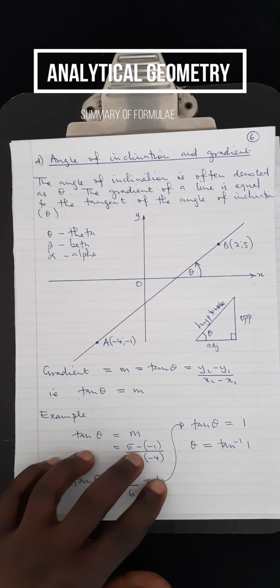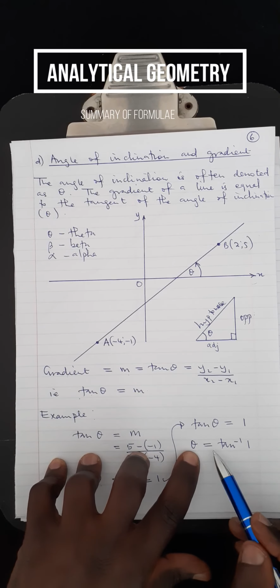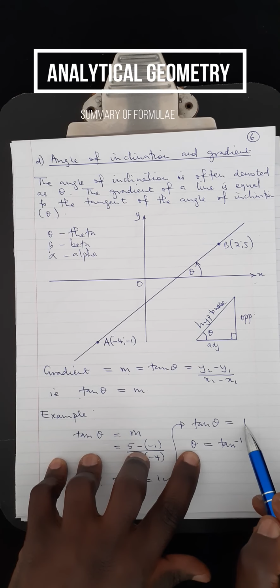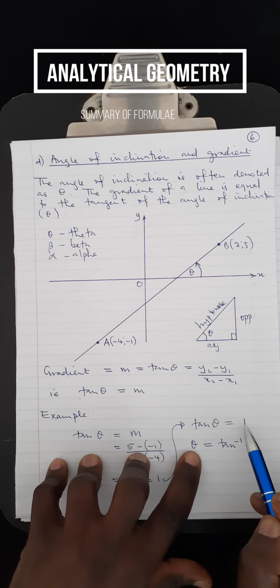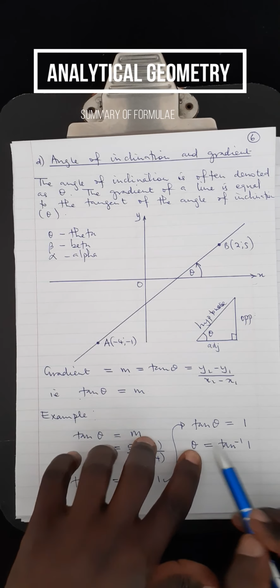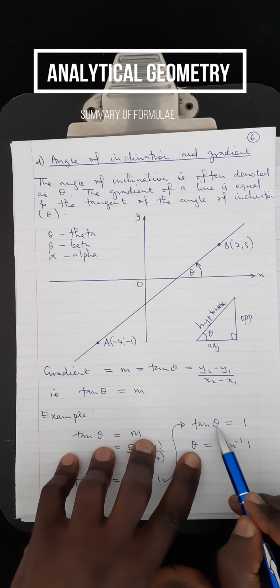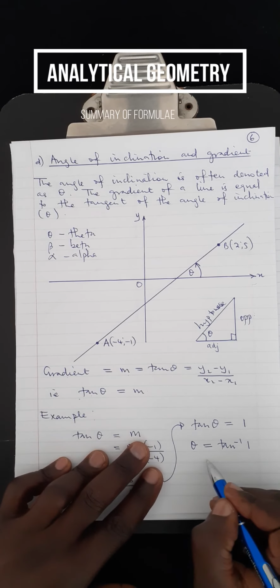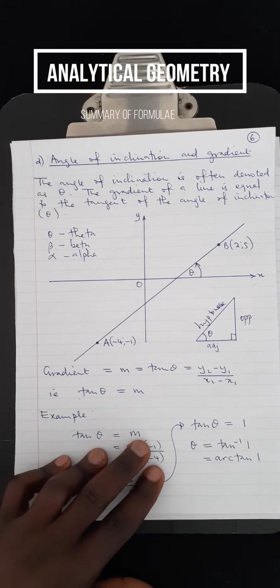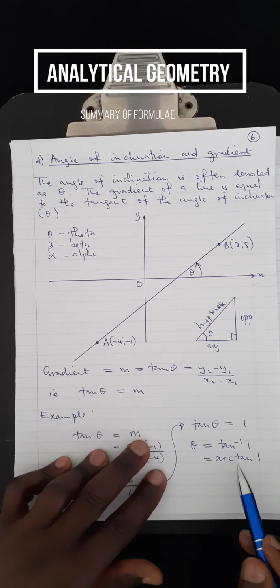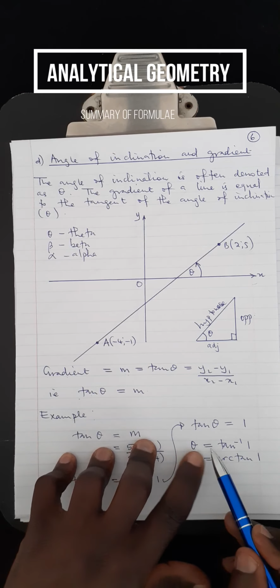What this simply means is, when my gradient is 1, what is the angle whose gradient is 1? Okay, so whose tangent is 1? So arctan, that's what it means. We spell this as arctan. It is the inverse of a tan. So theta is equal to arctan 1.